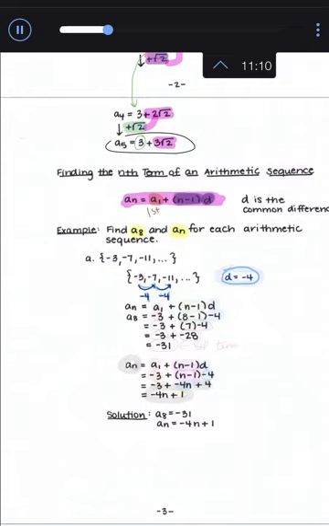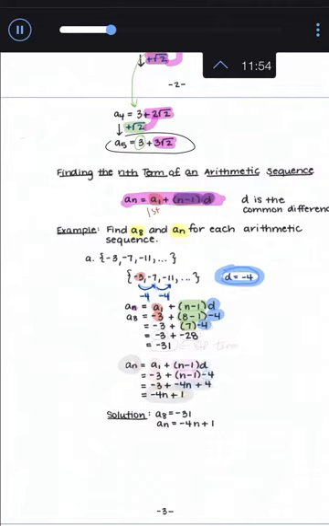So if we wanted to find the 8th term, the formula says to take your first term. Our first term, a sub 1, was -3, so we'll plug in the -3. Then it says to take your n minus 1, which, since we're looking for the 8th term, means 7 times the common difference D, which is -4.